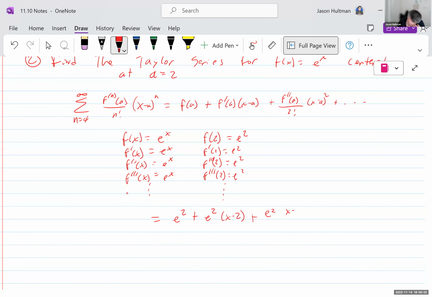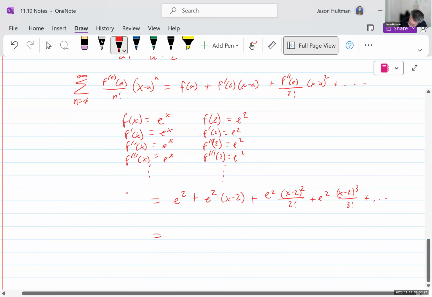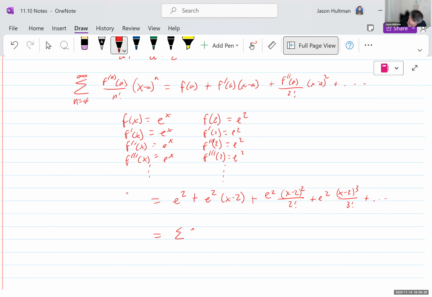Minus 2, and this is e squared times x minus 2 squared all over 2 factorial, plus e squared times x minus 2 cubed over 3 factorial, plus, and again, this just goes on forever. If we wanted to write this as a sum, we could write this as the sum of e squared times x minus 2 to the nth power all over n factorial as n equals 0 to infinity.